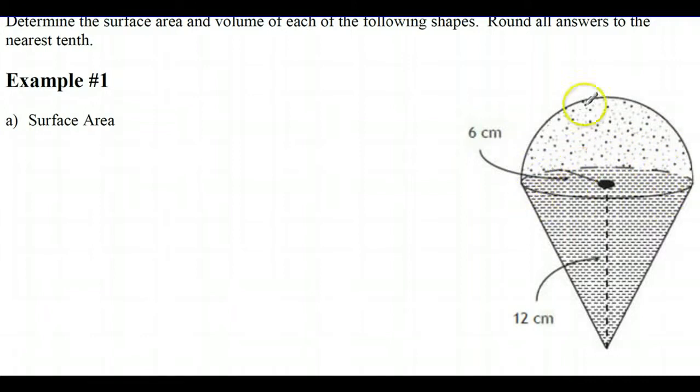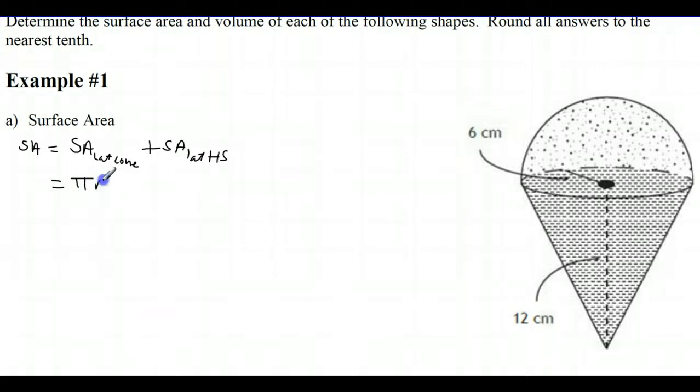So we're looking at the exposed surface area of this object, which will just be the lateral area of the cone and the lateral area of the hemisphere. So surface area will be SA lat cone plus SA lat hemisphere, right? So the lateral area of the cone plus the lateral area of the hemisphere.